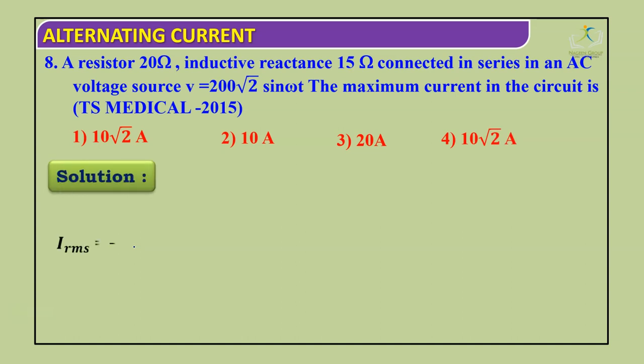Solution, if I am going through. The source is given, V is equal to V naught sin omega t. This will be the actual equation where we can calculate the value of V naught, which is given as 200 root 2. Resistor is 20 ohm.